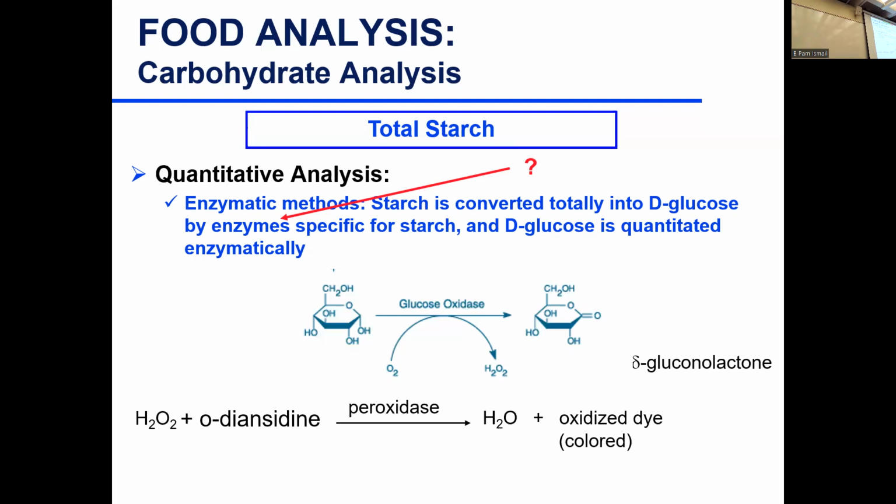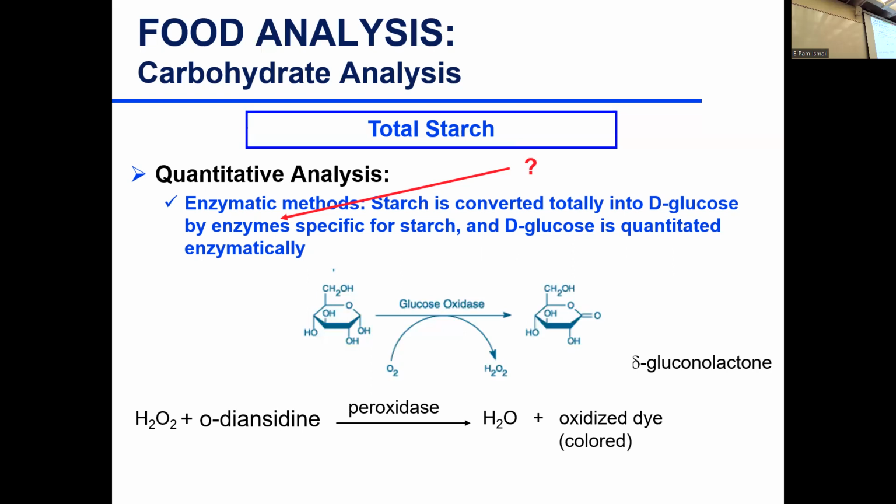The hydrogen peroxide generated, we react with a specific dye. So the hydrogen peroxide will oxidize the dye in the presence of another enzyme, which is peroxidase. So this is your measuring reaction, your indicator reaction, because this is based on the oxidation of a dye to give you a colored compound, the oxidized dye, and that's what gets measured.